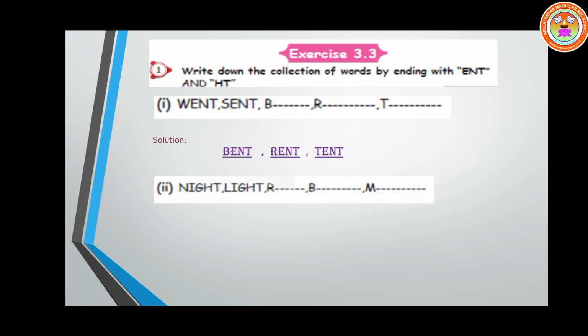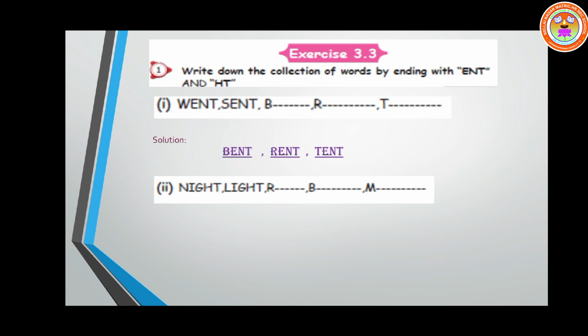Next, the second one: night, light, then R dash, B dash, M dash. For this one I have to use HT as the ending letters. Here I cannot do the same as before. With bent, I just included B with ENT and a new word came.